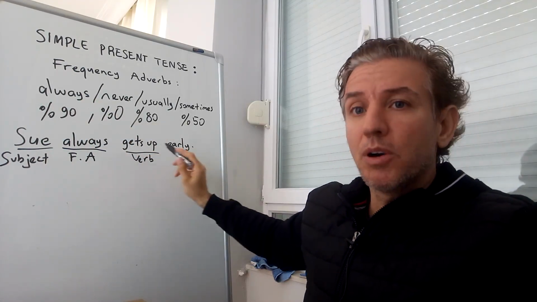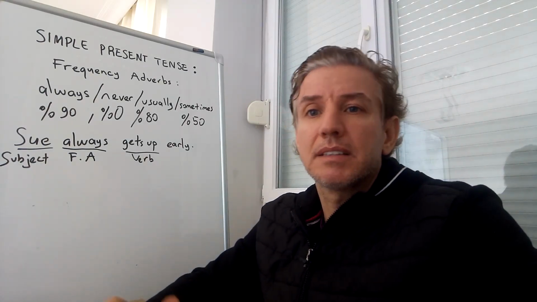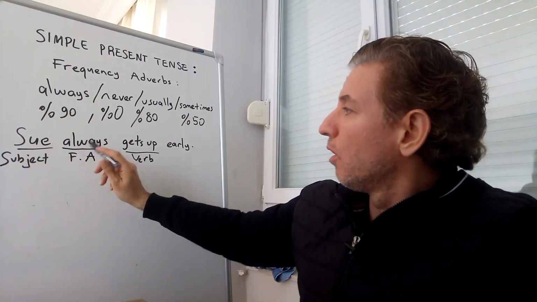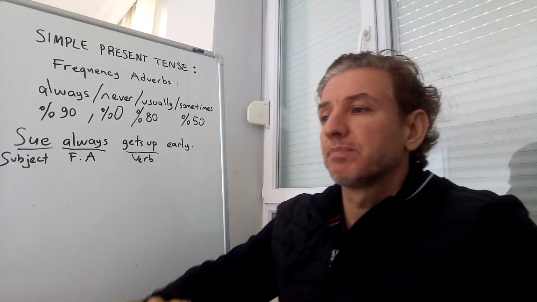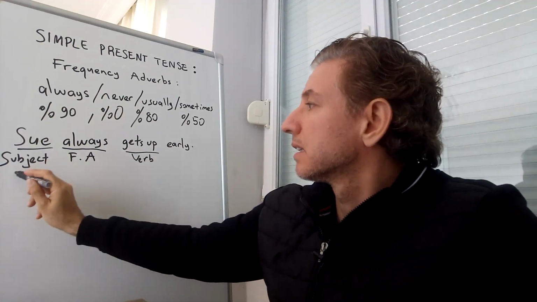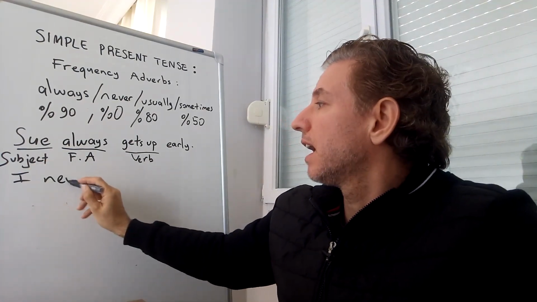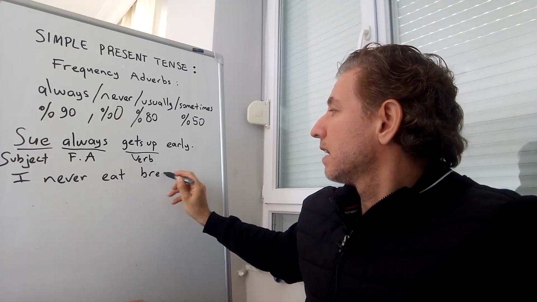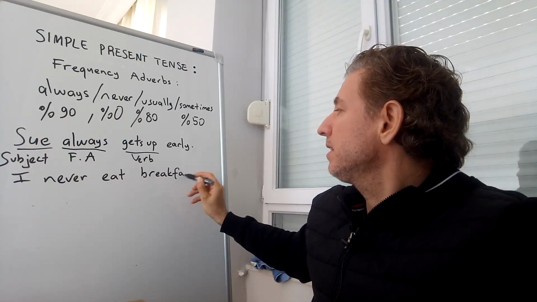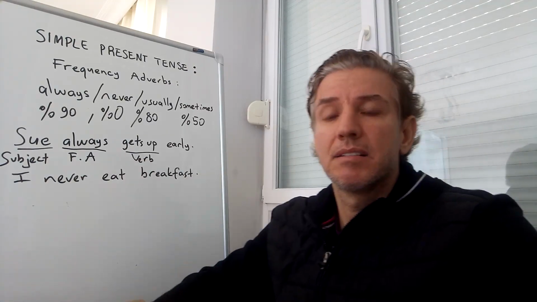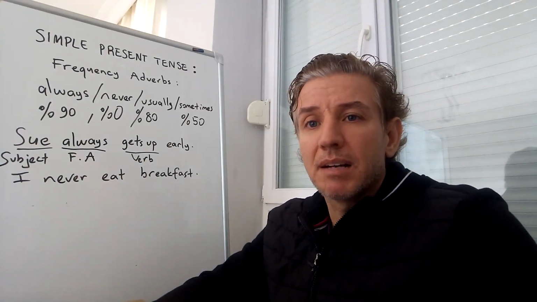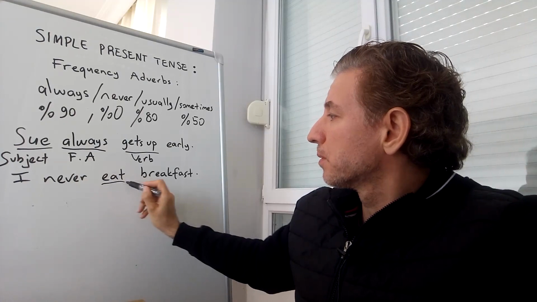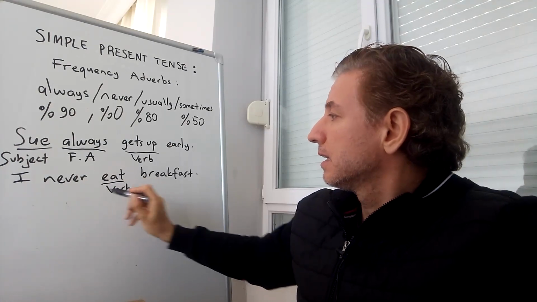She gets up early. That's a habit. Sue always gets up early. I never eat breakfast. How many times do I do this verb? Never.